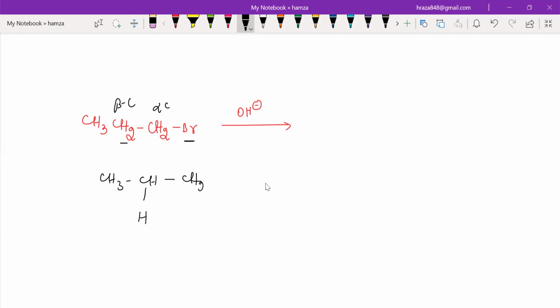And then B takes H from CH2, this bond will break and go here and move. So there will be formation of a double bond, that means an alkene. This will be your product. Now, if there is only one alpha hydrogen, that means only one product is possible. If there is more than one alpha hydrogen, then more products will be possible. Yes or no? Yes, sir.